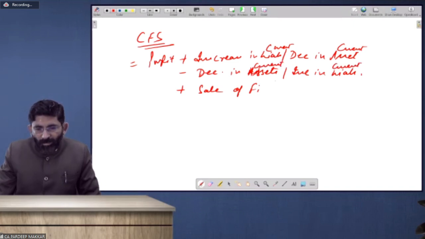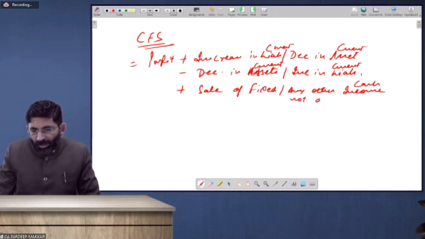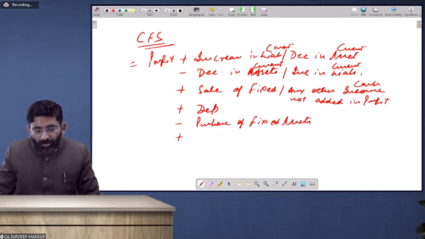Adding sale of fixed assets, any other income, cash income even, not added in profit. Add back depreciation, less purchase of fixed assets, add back arrangement of funds, means issue of shares.